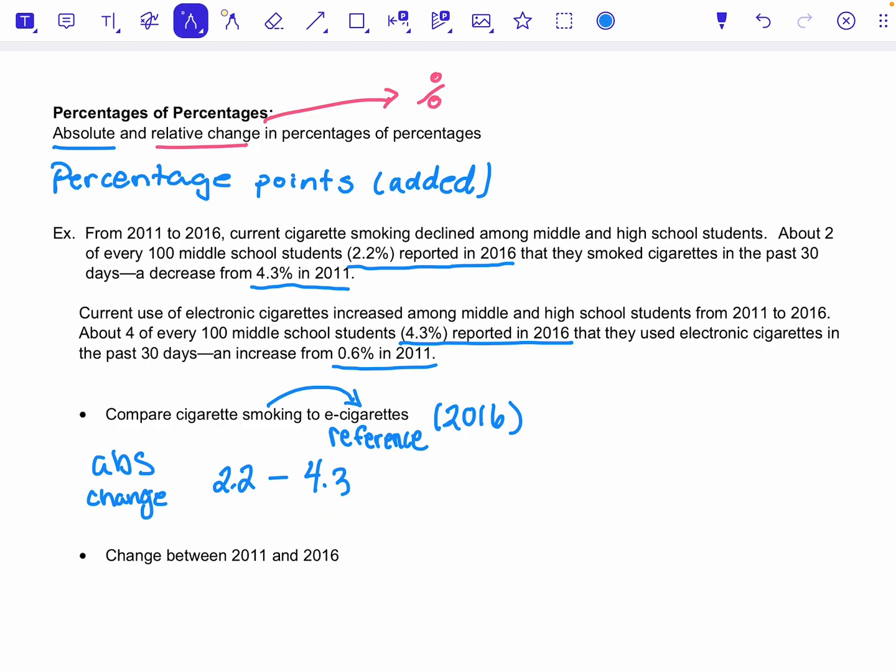It's just 2.2 minus 4.3. If I subtract that out, I would have negative 2.1 percentage points. And what does that tell me? Cigarette smoking was about 2.1 percentage points less than e-cigarettes for this demographic.